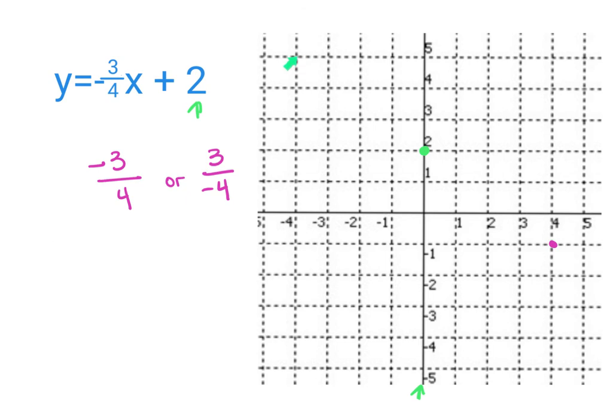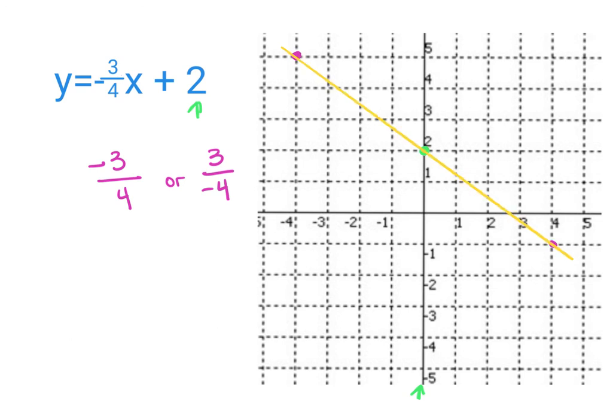That's going to put me at the point (-4, 5). But you see that when I connect these dots, those 3 points are all on the same line, as it should be, because if I did my slopes correctly, they're all on the same line.